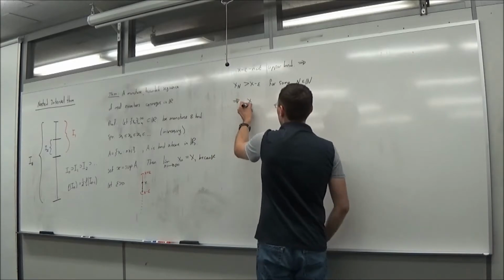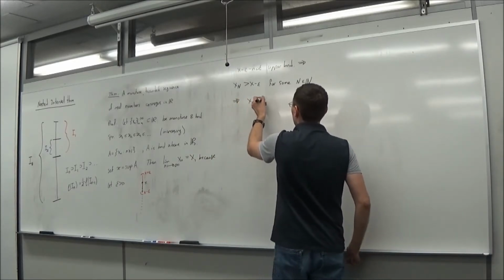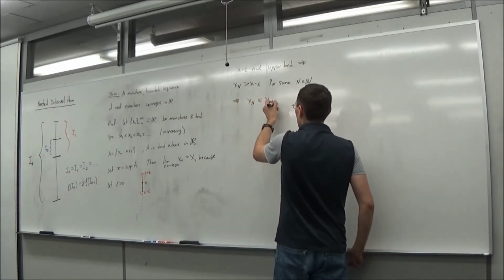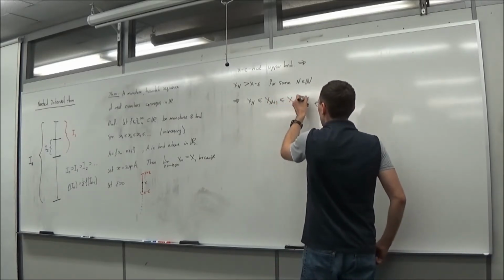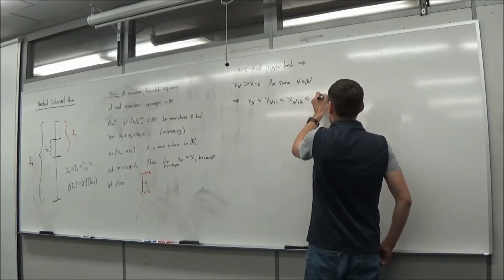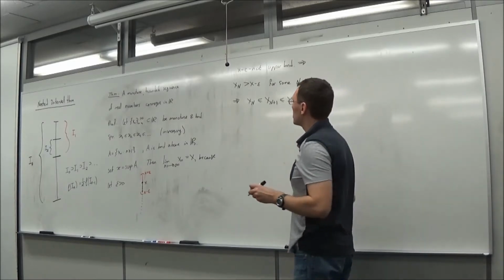So I can write x sub capital N less than or equal to x sub capital N plus 1, less than or equal to x sub capital N plus 2, etc., less than or equal to x. Okay?